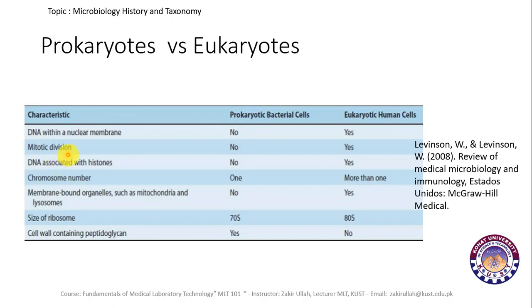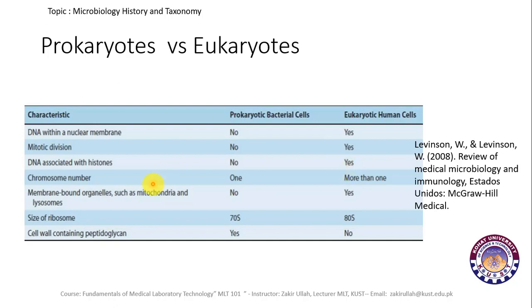Mitotic cell division is found in eukaryotes, such as human cells, but not in bacterial cells. Bacteria divide by binary fission. DNA associated with histones is absent in the prokaryotic cell, but present in eukaryotic cells.